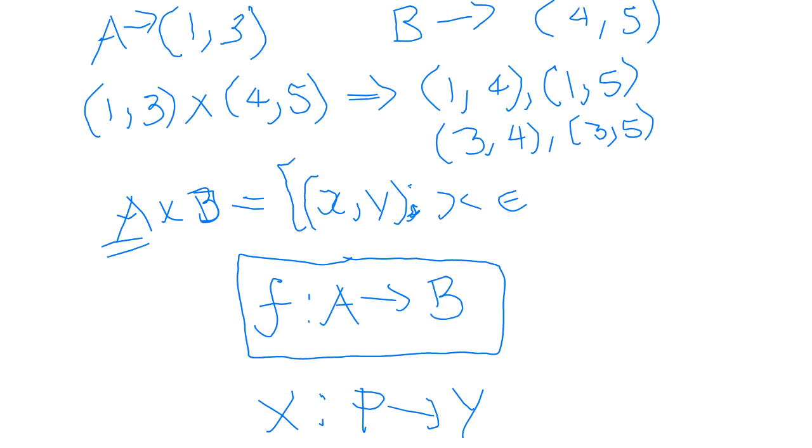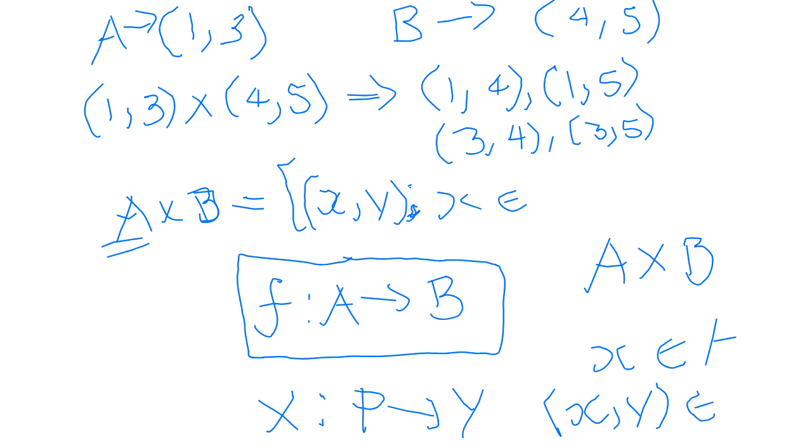So a function f mapping A to B is a subset f of A times B, such that for each x in A, there is a unique pair xy in F.